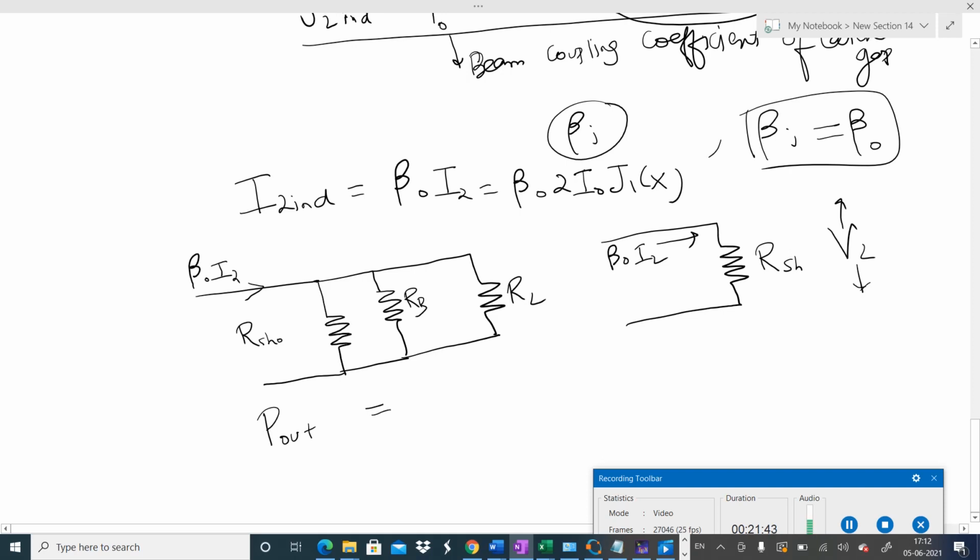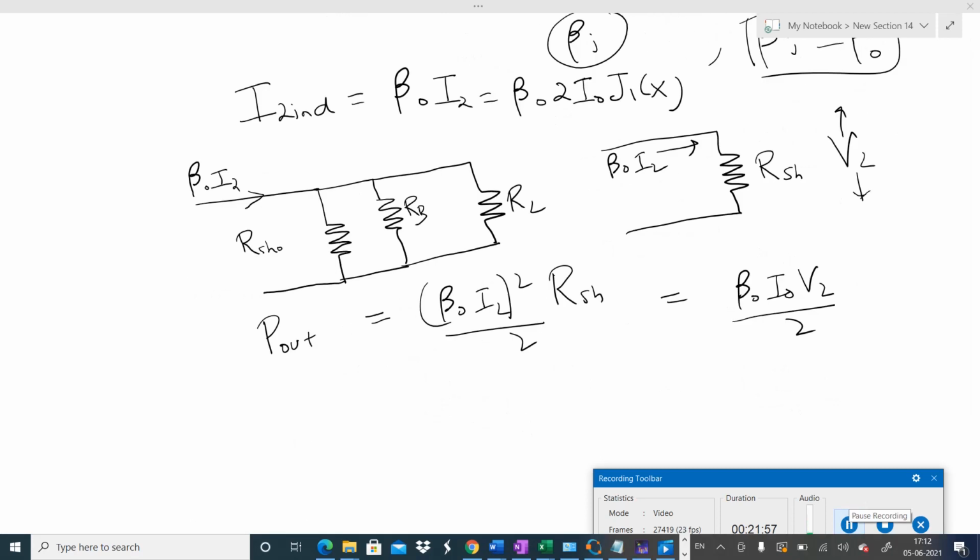That will be beta naught I2 current squared times the shunt resistance divided by 2, or you can also write it as current times voltage divided by 2. Just like V1 is the magnitude of the input RF voltage, V2 is the fundamental component of the catcher gap voltage.